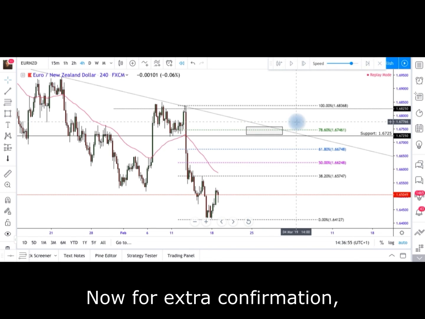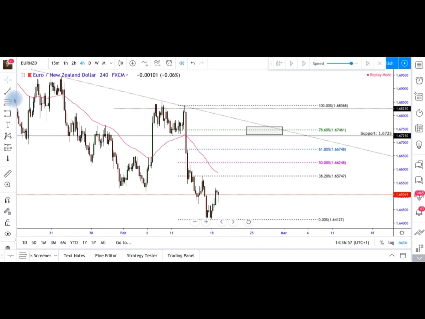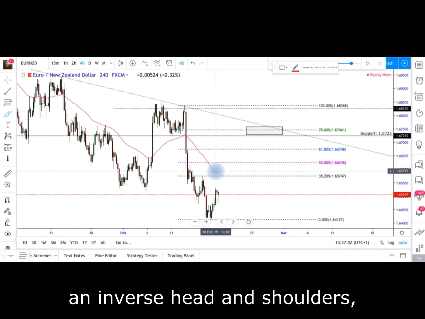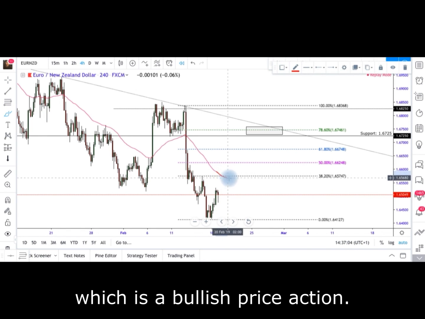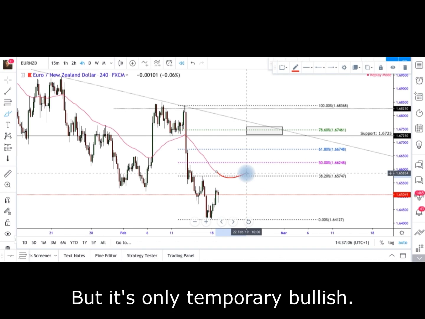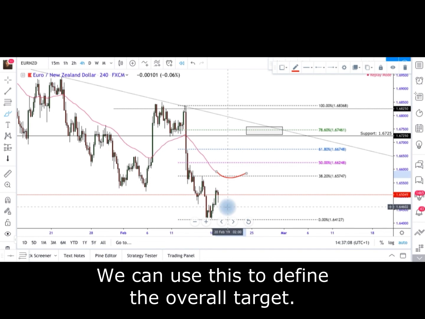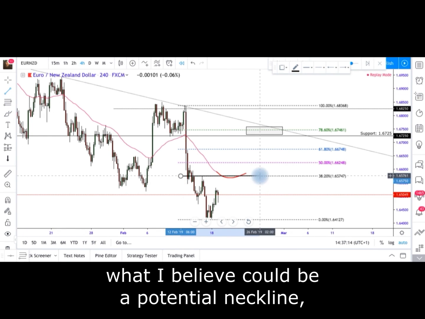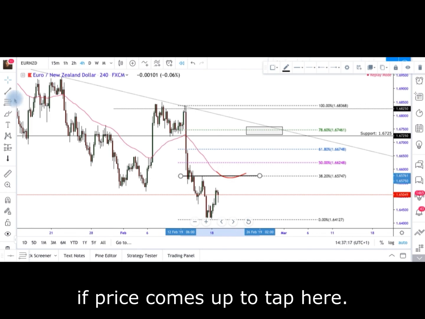Now, for extra confirmation, I can see that we are potentially developing an inverse head and shoulders, which is a bullish price action, but it's only temporary bullish. We can use this to define the overall target. So therefore, I would cap off what I believe could be a potential neckline if price comes up to tap here.